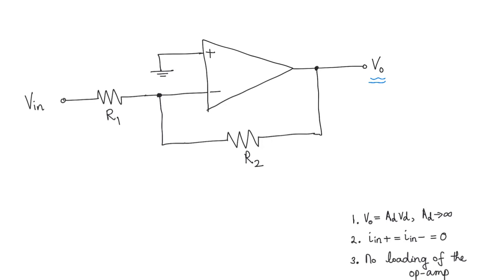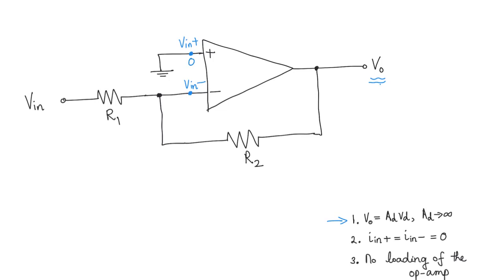Now if the output is finite, according to characteristic 1 of this ideal op amp, we know that the voltage at this point, V in plus, should be the same as the voltage at V in minus. Now what is the voltage at the non-inverting terminal? You can see that the non-inverting terminal is connected to ground, and ground is usually taken as 0 volts, so this is 0 volts.